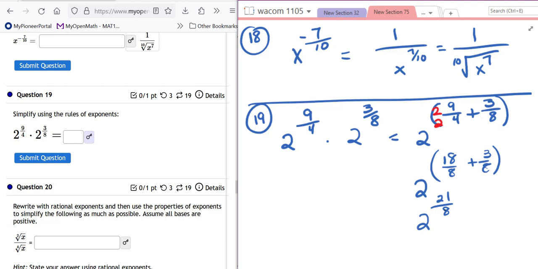I'm going to assume they want the answer like that, which they do. If you switched it to a radical, you would have to simplify it because 8 would be the index and you have more than 8 here. So, unless they ask you for a radical form in this section, I think they want the rational exponent.